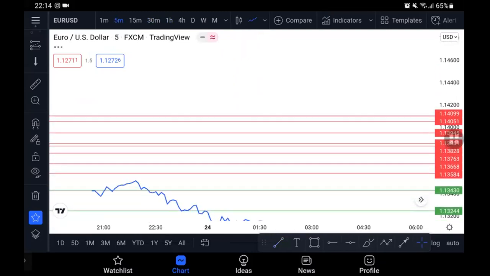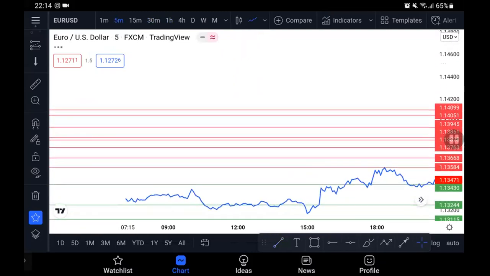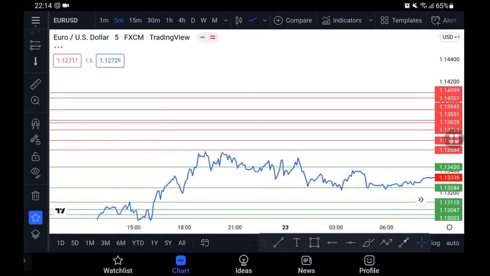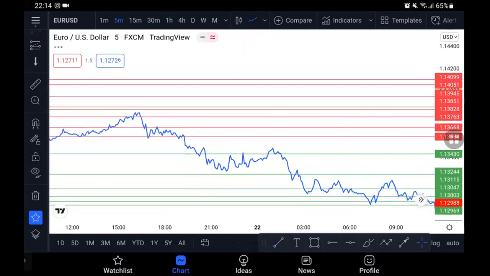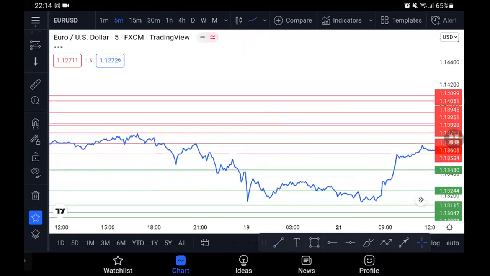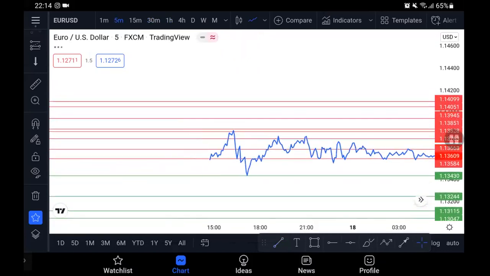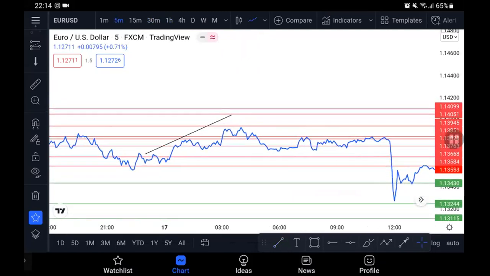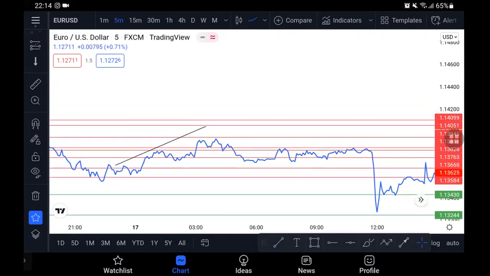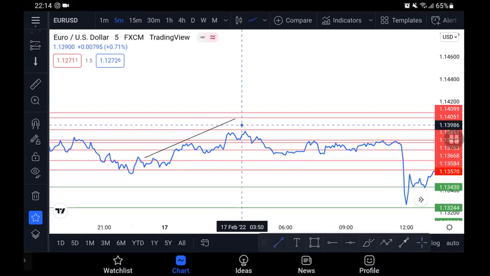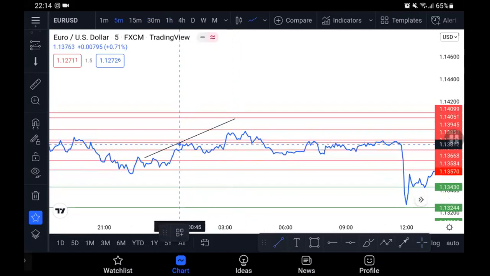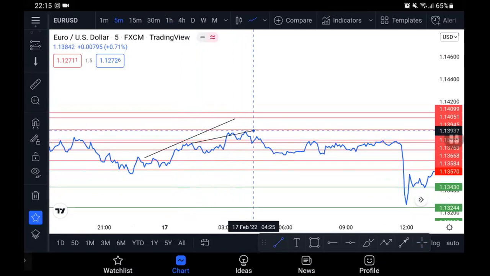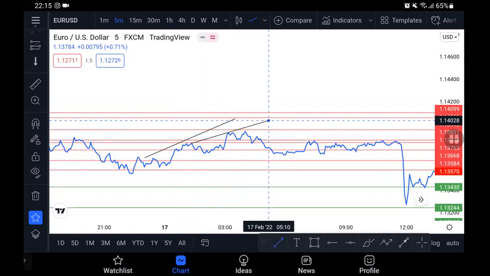Just using the time frame order. Okay. It makes more sense for the M5, I think. Just gonna put over here something like this.